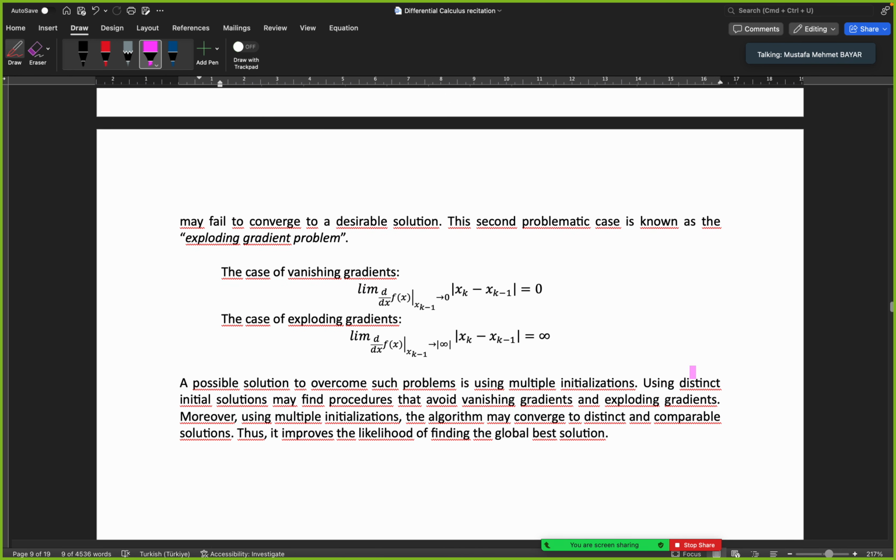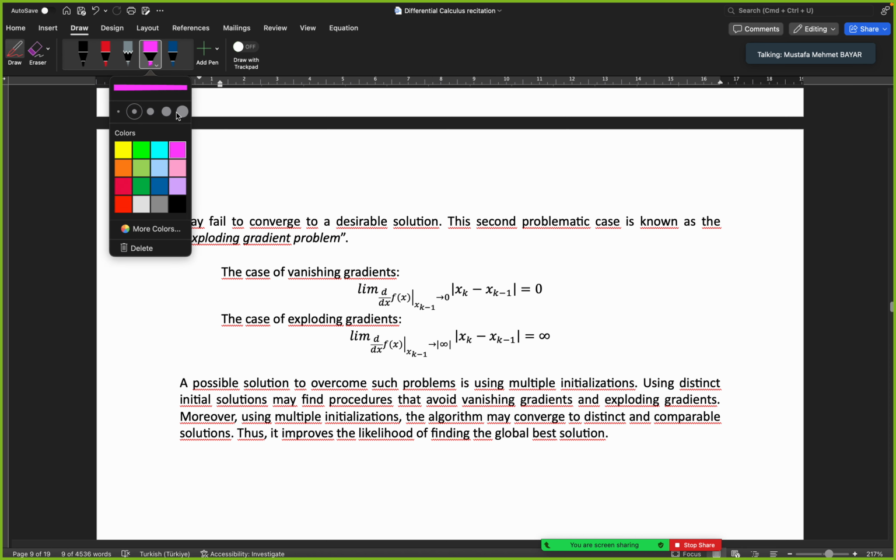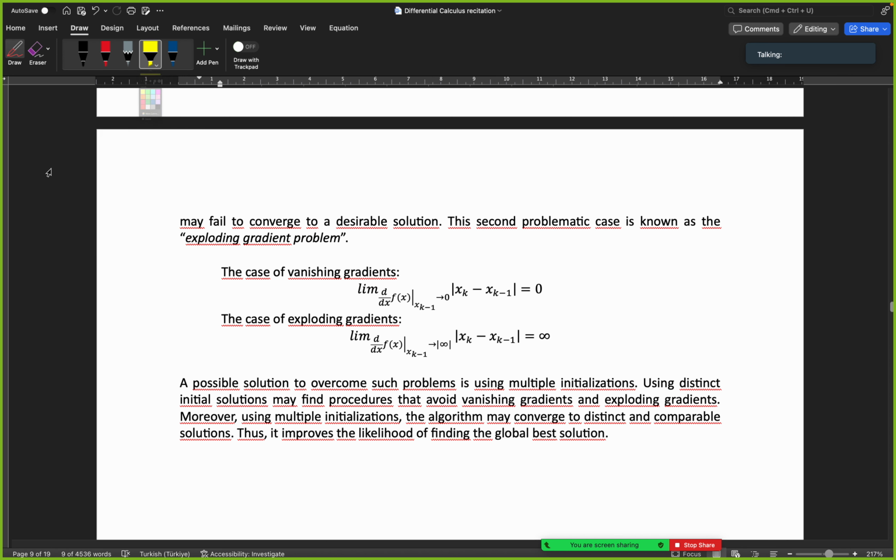Assuming no, I just proceed. Now I will talk about the two common problems you may come across when using the local search algorithms with the gradient-based directions. The first one is the vanishing gradient problem.